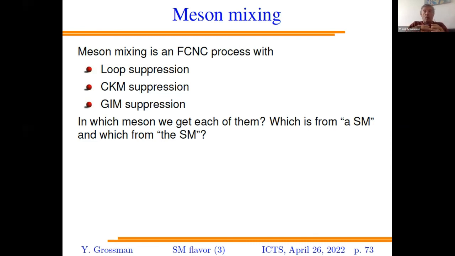Let me say that for kaon physics and B physics, we believe that doing the calculation in terms of quarks is okay, because the charm is heavier than the kaon, and the top is heavier than the B. And when something is much heavier than what you have, it must be far off shell. And when it's off shell, you don't care about the strong interactions of QCD.